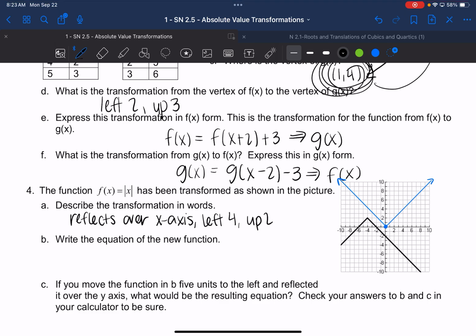So they then want us to take that information and write what the new equation should then be. So if I reflected over the x-axis, does that go where A, B, H, or K goes? The A value, right. And what do I put to denote that it reflected? Negative. So where A goes, I put a negative.